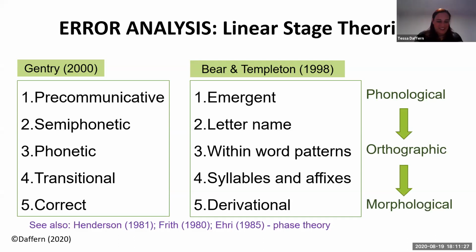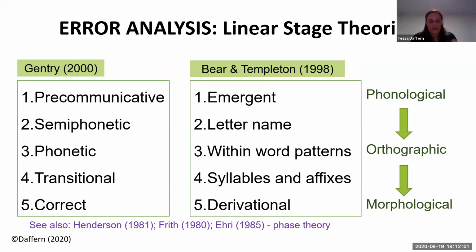And stage theorists drew on a Piagetian notion of development to create a linguistic index. And this led to the categorization of spelling development into distinct sequential stages. And here are just two examples of those stage theories. They're very similar in the sense that they both suggest that there are 5 sequential stages of spelling development.